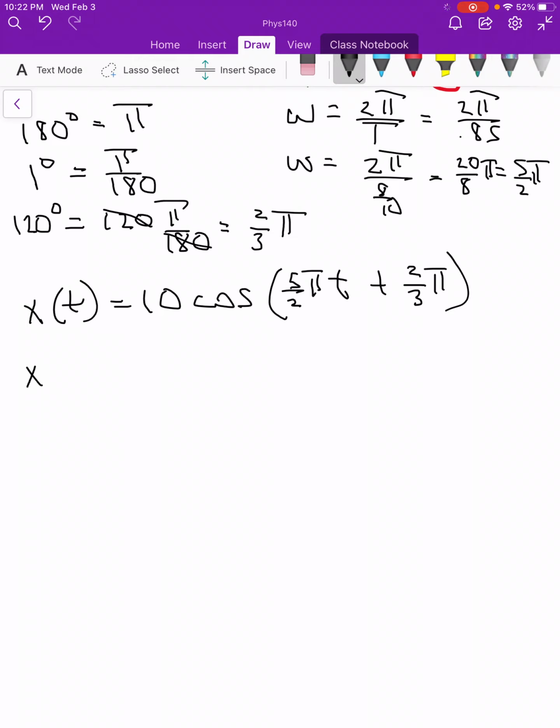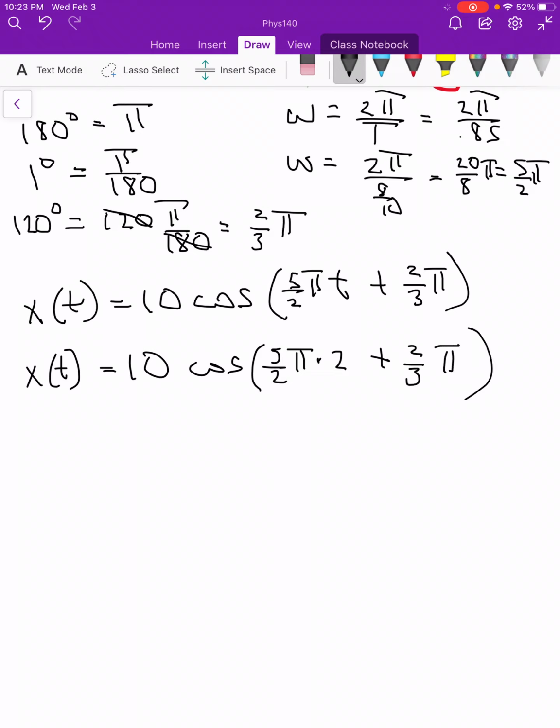So I have x of t is equal to 10 cosine, all right, 5 over 2 times pi. Now it was 2 seconds, so I'm going to plug in times 2 plus 2/3 pi. And so my 2's cancel here, right?